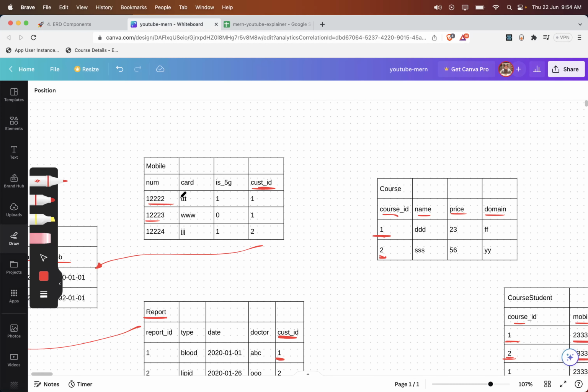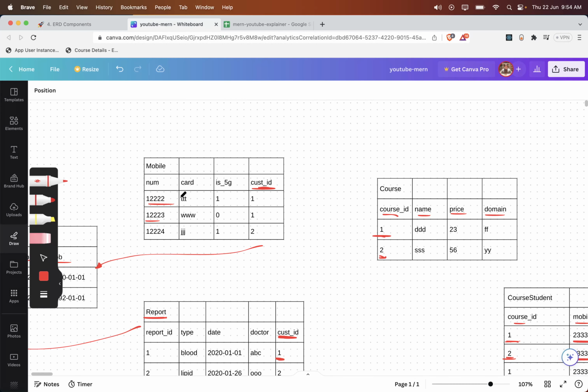Now relationships are the connections. Can you see this connection, this connection? Relationships, or the connections between the entities, are represented by diamonds, and diamonds are connected to the particular entity by means of these connection lines. Remember that. Now one-to-one relationship is indicated by a straight line.